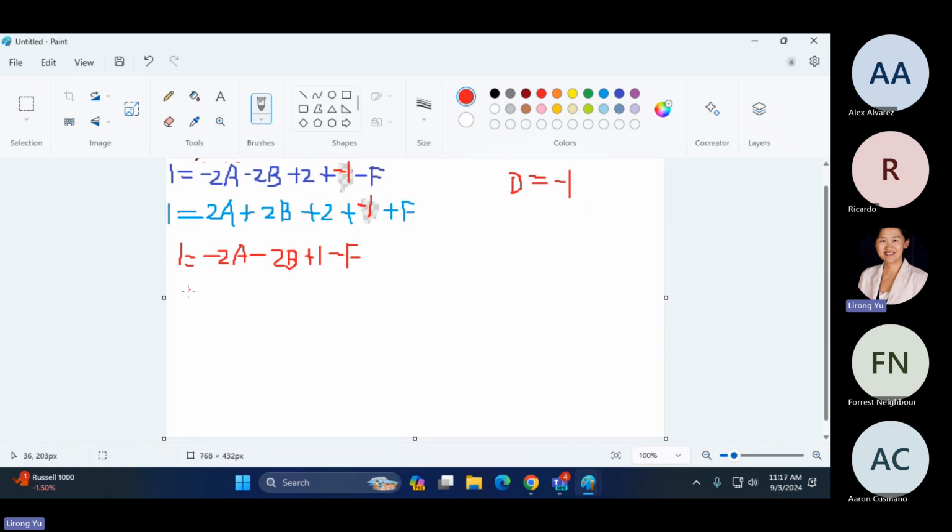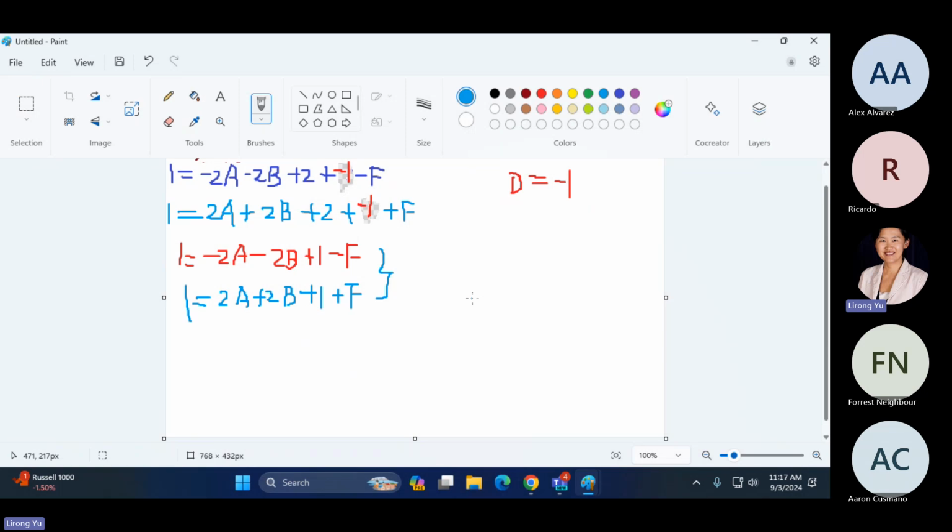Okay, that's 1. And then the second equation below, after you put in D equal to -1, is 1 equal to 2A plus 2B, and then plus 1, since 2 plus -1 is 1, and then plus F. They are the same equation, so if you combine them, the 1 and the 1 will cancel, right?